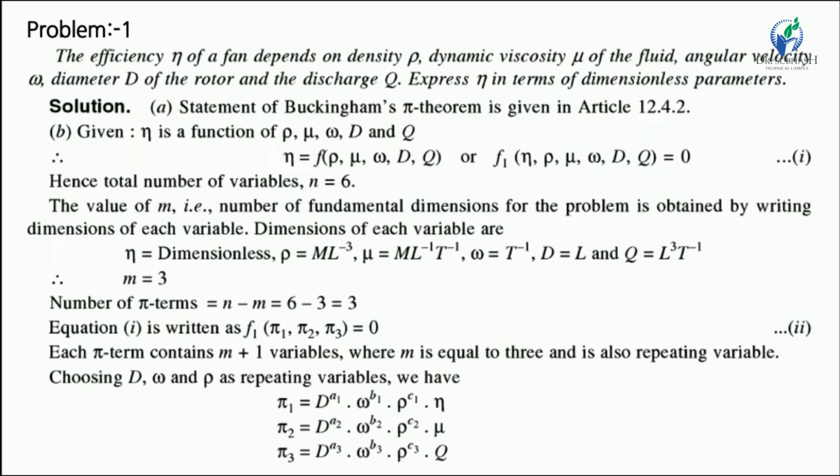So first of all, write the equation in this manner. Efficiency is a function of the given dependent variables: density, mu, angular velocity, diameter and discharge. We can also write it in this form or in this form.